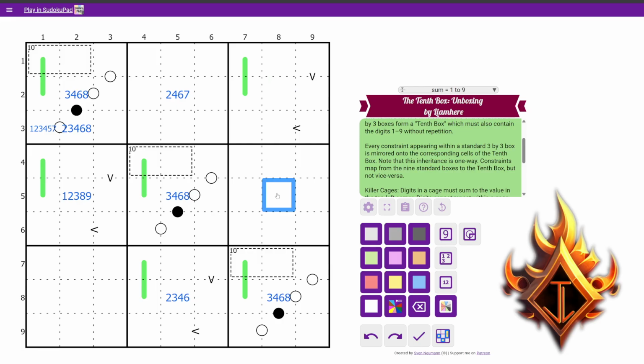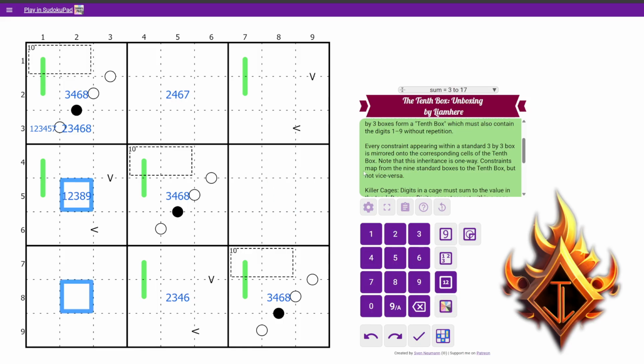The central one cannot be 9. Because then those would both have to be... Oh, those could both be 8 though. Oh no, they can't, because they won't be able to repeat. So that cannot be 9.